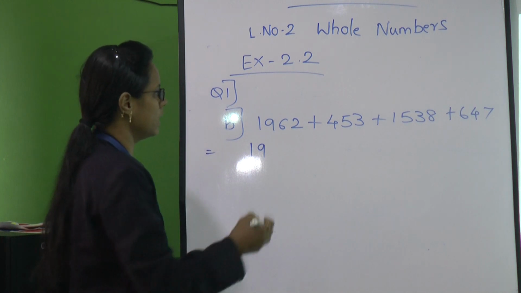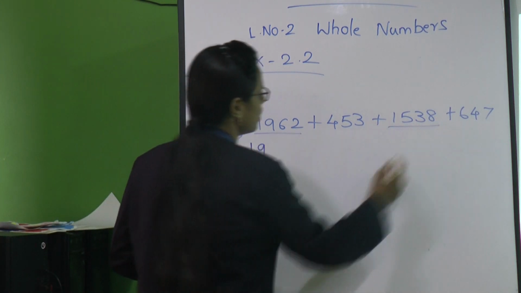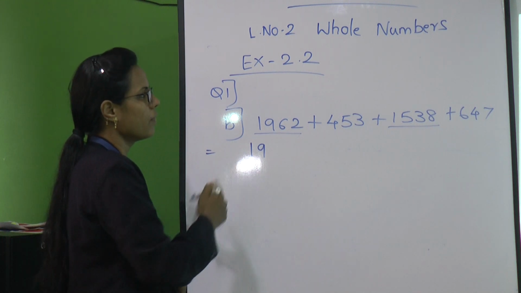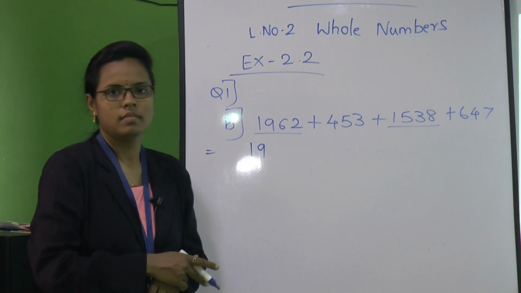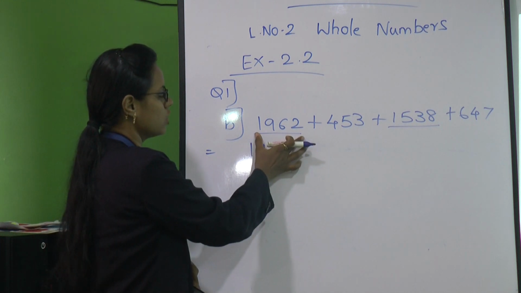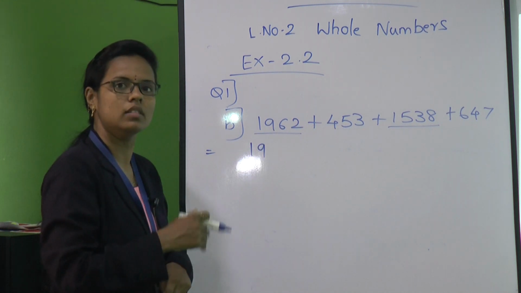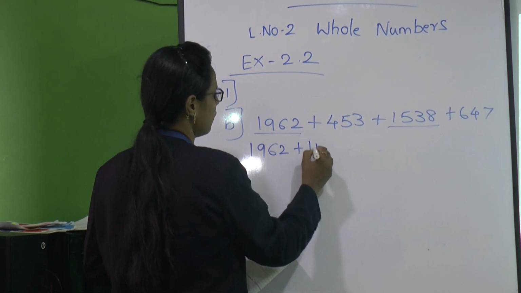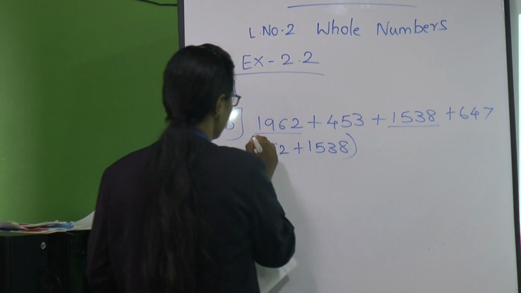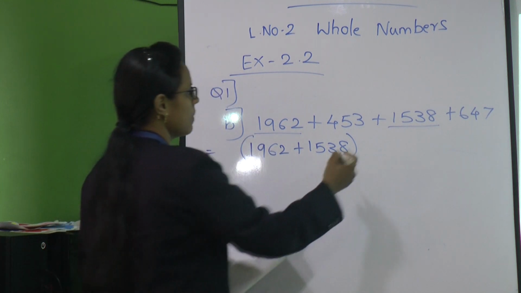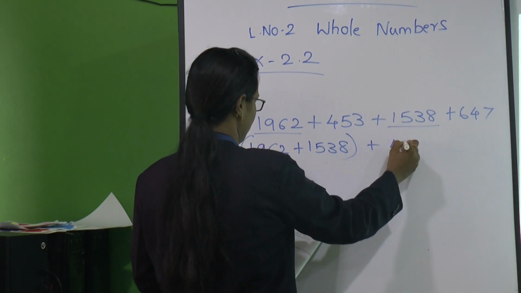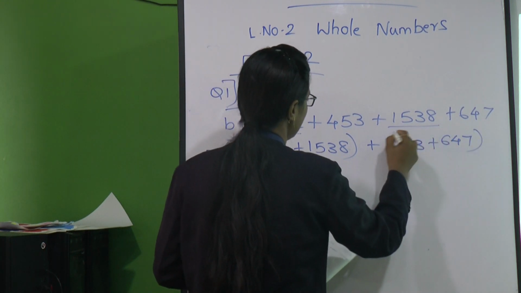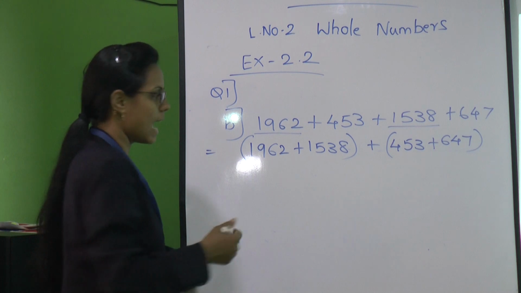1962. Now see students, this is the 4-digit number and the remaining 2 are 3-digit numbers. In this way we can add it. Okay. So let us take first 4-digit number and then we will add the 3-digit numbers. 1962 plus 1538, which comes in one bracket which is of 4 digits, and the other 453 plus 647 will come in other bracket which is of 3 digits. Let us add this.